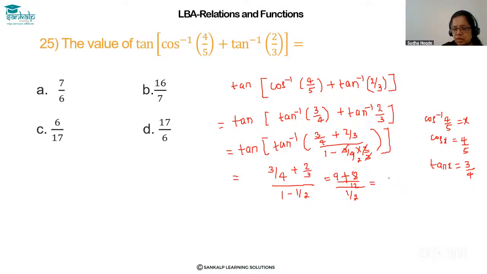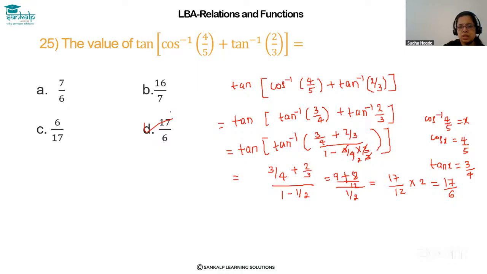So it is 17 by 12, into the denominator of the denominator, the numerator. So it is 17 by 6. Check the options. Option D, 17 by 6 is the correct answer.